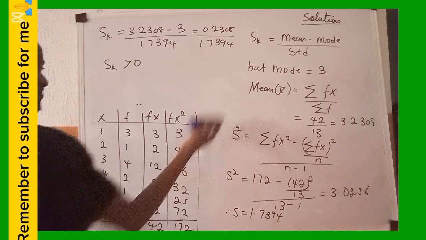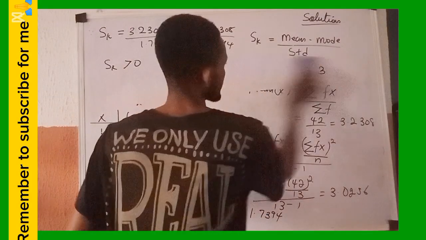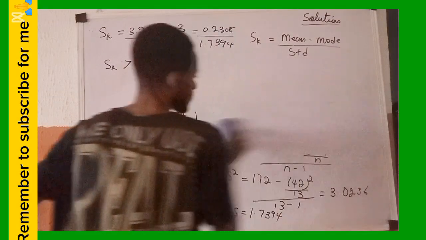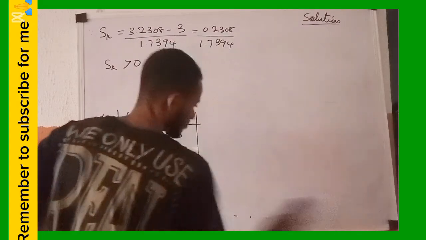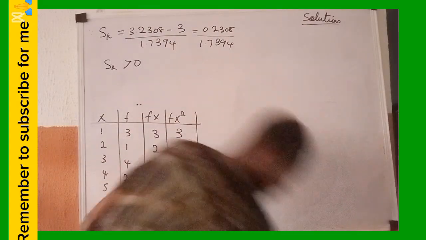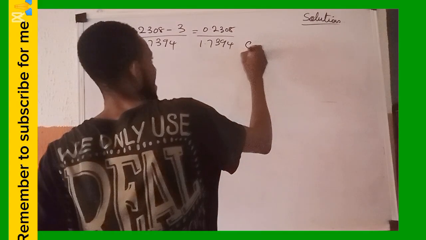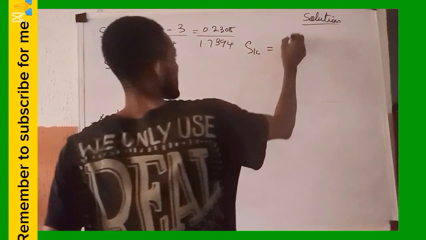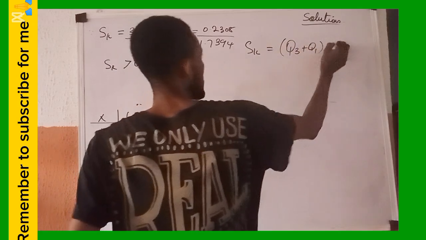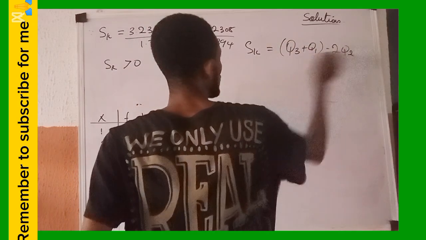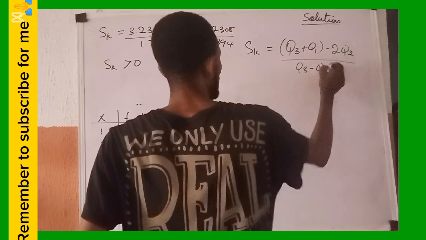Okay, permit me. You have seen what we have done here. Okay, remember that according to Bowley, we have that S subscript K is given as Q3 plus Q1 minus 2Q2, all over Q3 minus Q1.